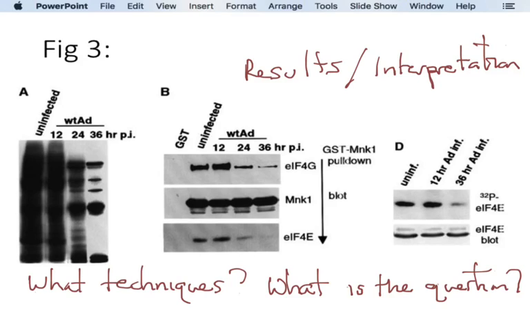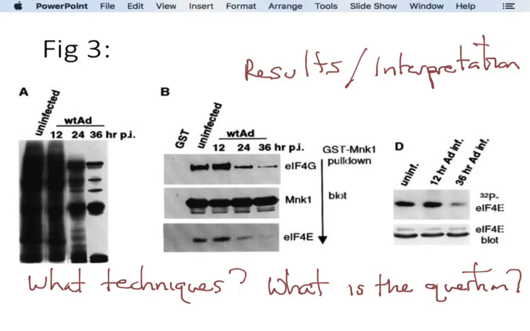That's fine. So A is another autoradiograph, but they're using radioactive methionine. So they're determining total protein that's being produced. The main takeaway from this, you could look at this and say, yep, there's a difference, right? So in uninfected cells, you get this big smear of protein, and then as you progress in adenovirus infection, you get less and less, and you get discrete bands.